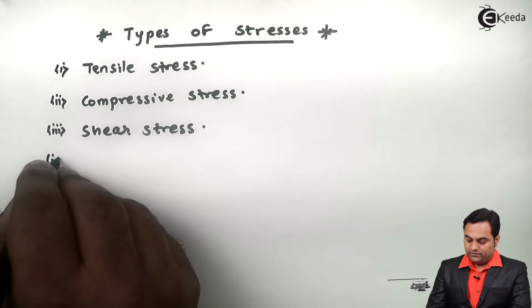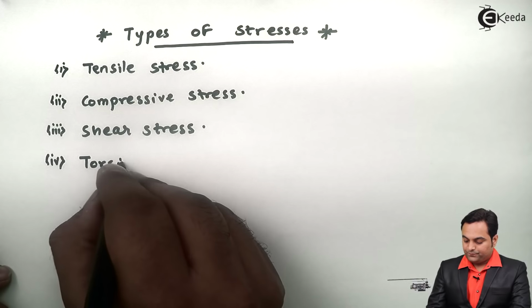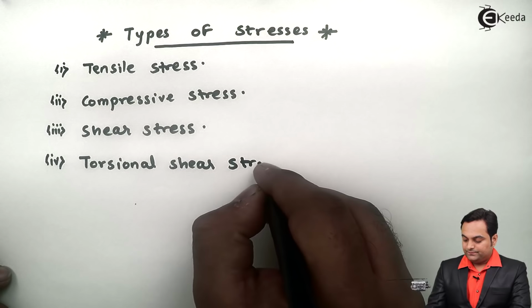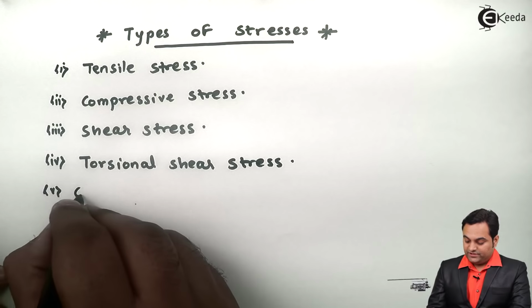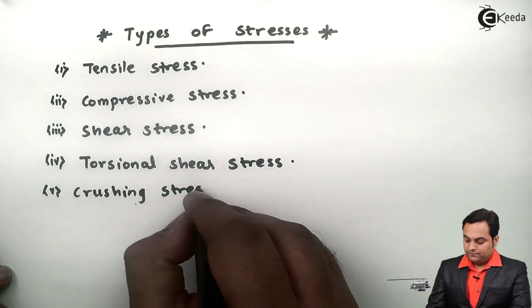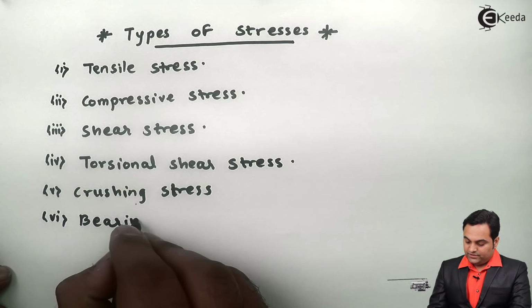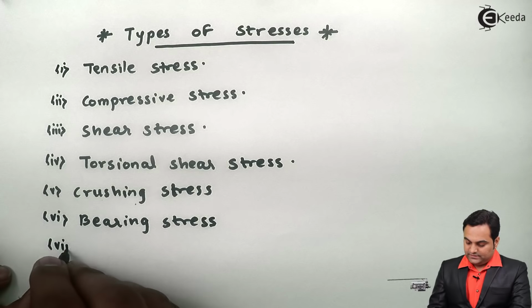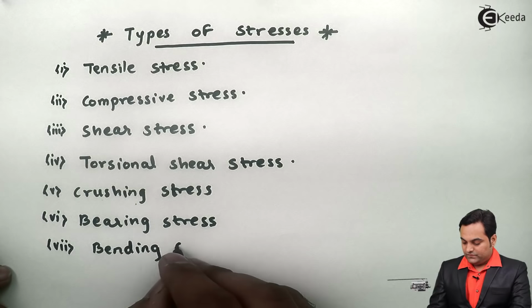After this, we have torsional shear stress. Next, we have crushing stress. Then we have bearing stress, and at last we have bending stress.